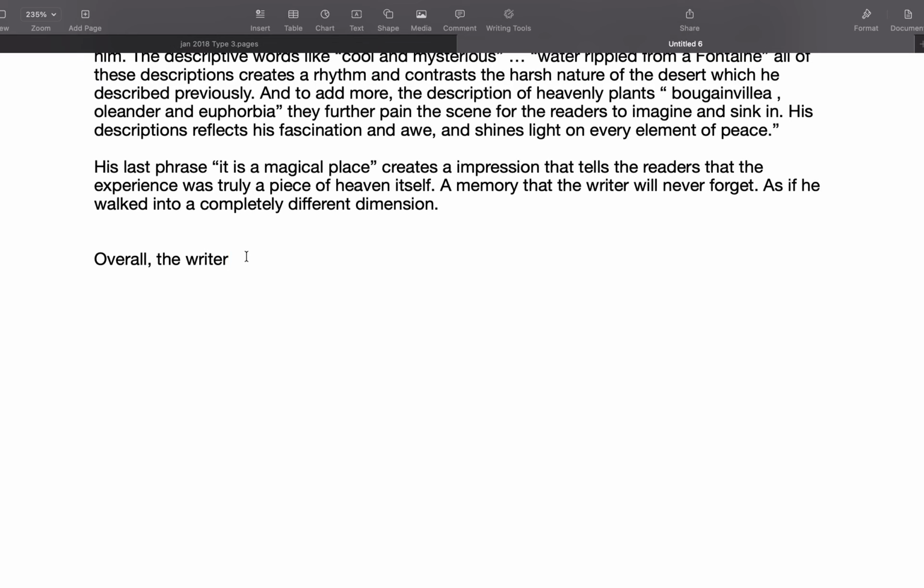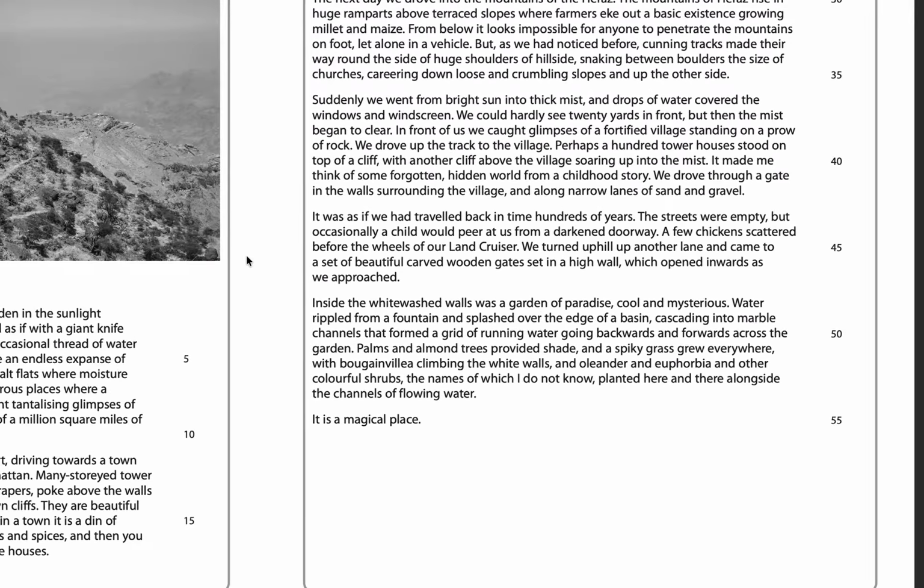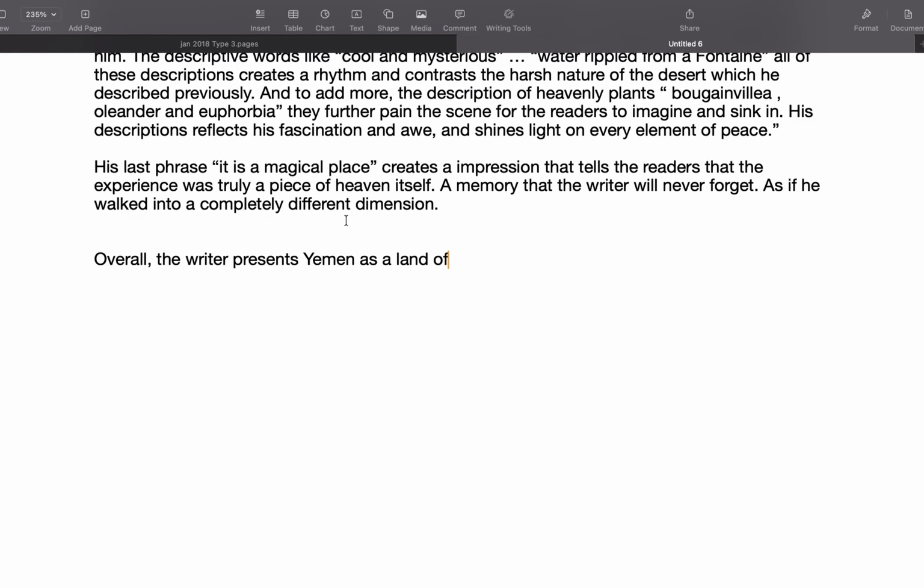Overall, we can write a last remark. Overall, we can say what? Let's think. Overall, the writer presents Yemen as a land of wonders and extremes. We saw wild deserts.